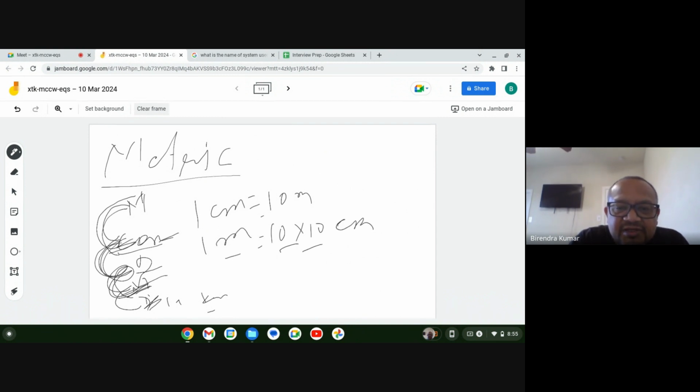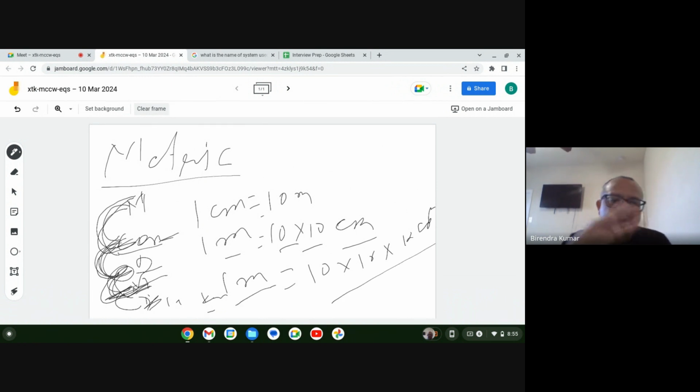That is how 1 meter is equal to 100 centimeter. Or 1 meter is equal to how many millimeters? Meter to decimeter, decimeter to centimeter, centimeter to millimeter. So three halves, that is multiplication of 10 three times. That is how 1 meter is equal to 1,000 millimeter, and that is how we derived 1 kilometer is how many meters.